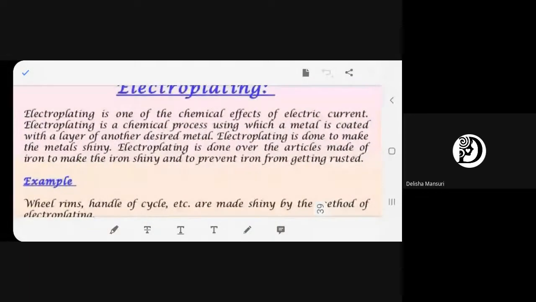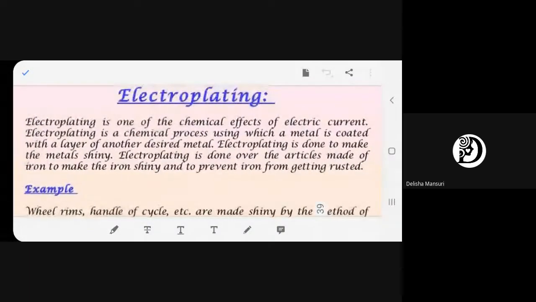Again, electroplating. I hope you're understanding because I've taken so many slides on the same aspect. Read it. Electroplating is one of the chemical effects of electric current. Electroplating is a chemical process using which a metal is coated with a layer of another desired metal.